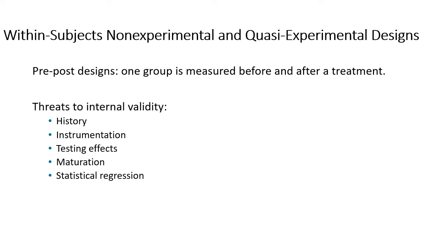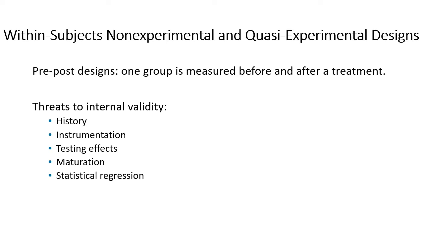You can do them a bunch of different ways. Well, with this quasi-experimental design, those threats to internal validity are there without a real way to get rid of them, or without a way to get rid of them as easily as when you've got multiple different groups. There are ways to get rid of them, but it's not as easy.